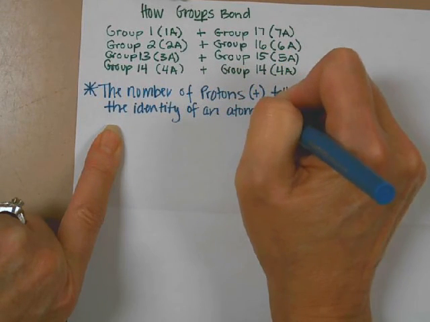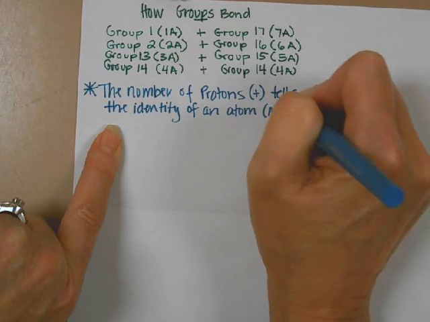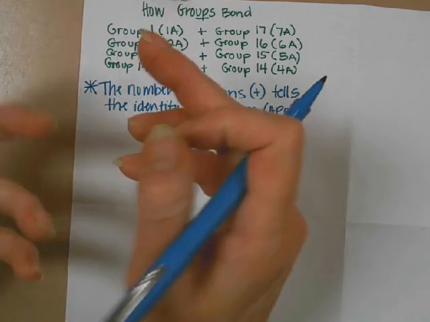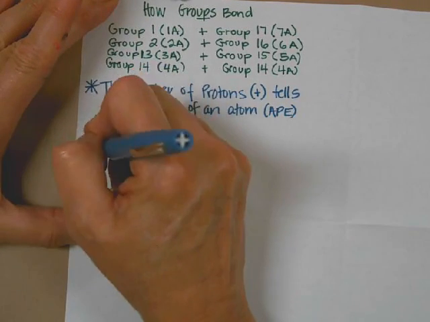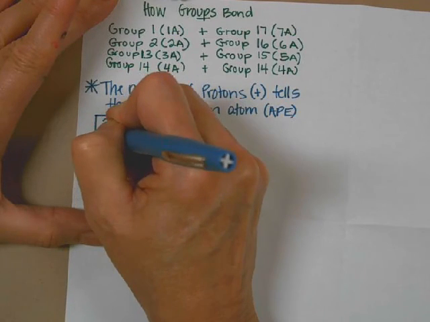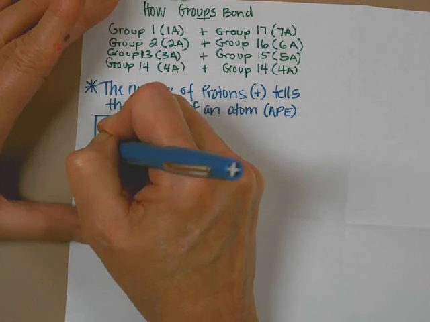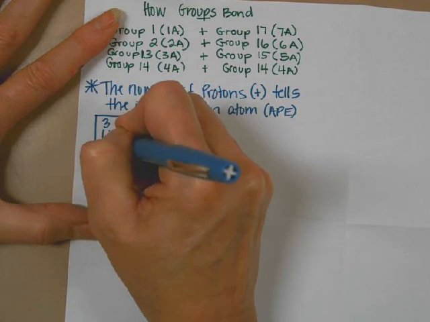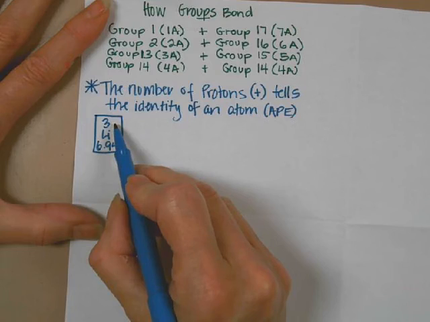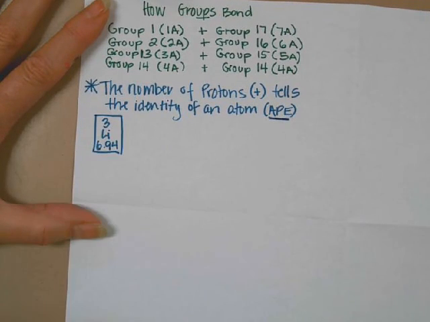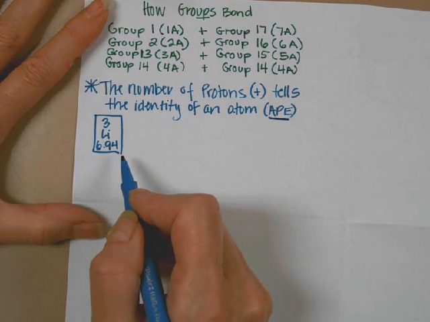So meaning if you look at the atomic number, the top number in the box, you will always know what atom it is because you look at that top number, like this one. If you know 3 is the atomic number, or it's got 3 protons, then you automatically know that this must be lithium, right?